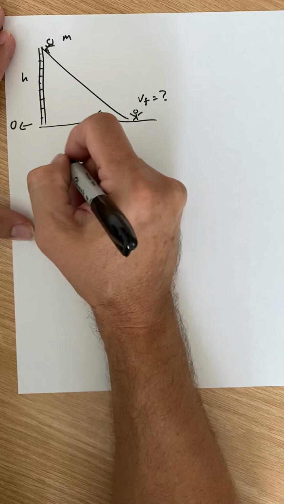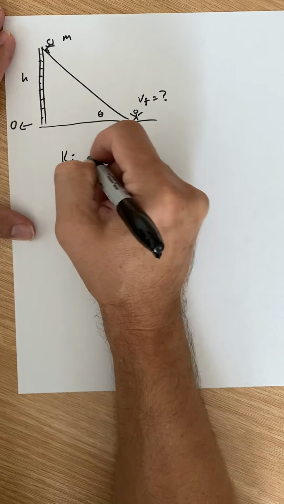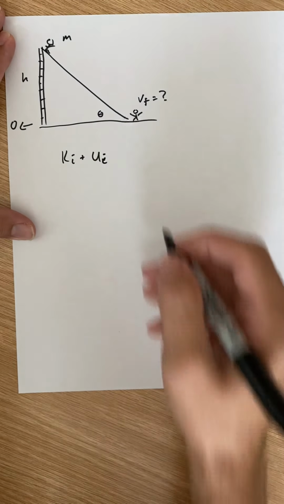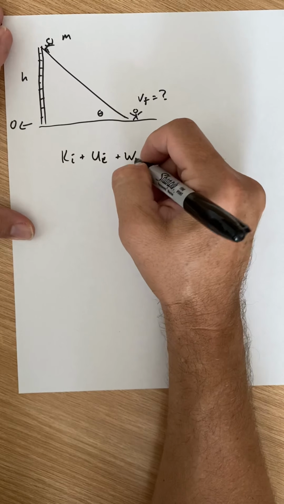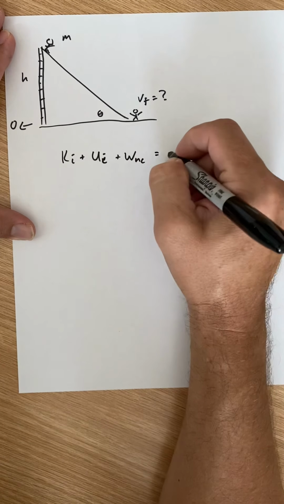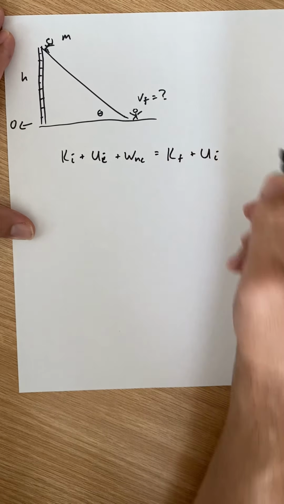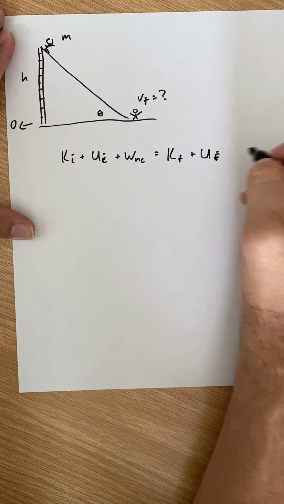Let's write down the conservation of energy. Initial kinetic plus initial potential plus work due to non-conservative forces is equal to final kinetic plus final potential, not initial, final, right?